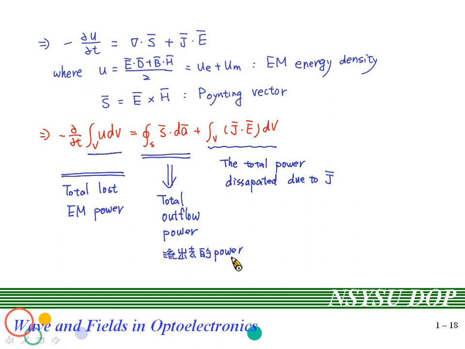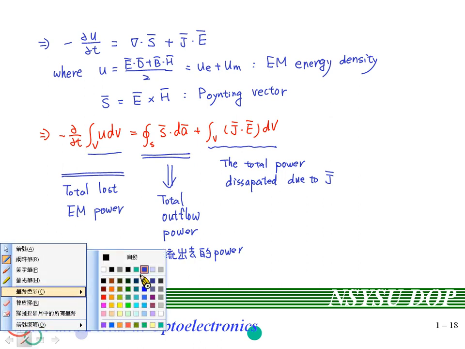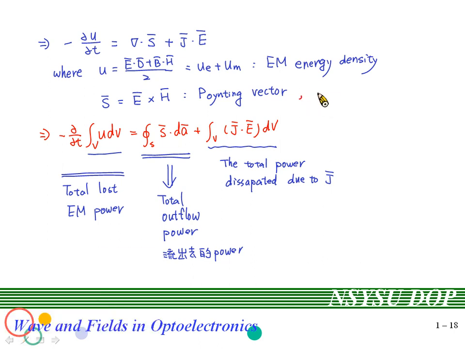As a result, this S vector is defined as the outflow power density. So this is the so-called Poynting theorem and gives us the Poynting vector. S is E cross H, which is the outflow power density. By performing the surface integral of the S vector, you will obtain the total outflow power.